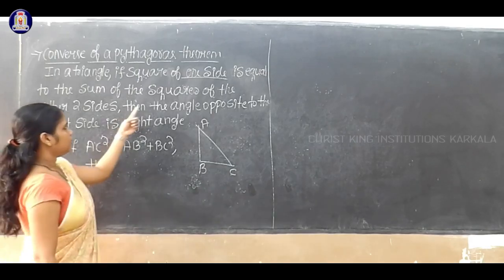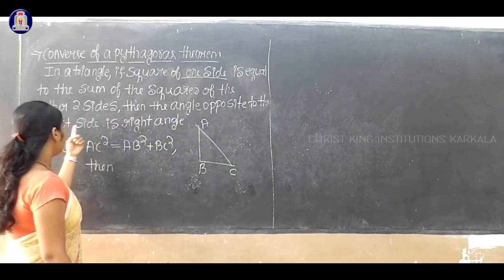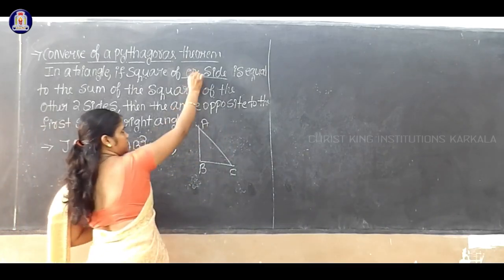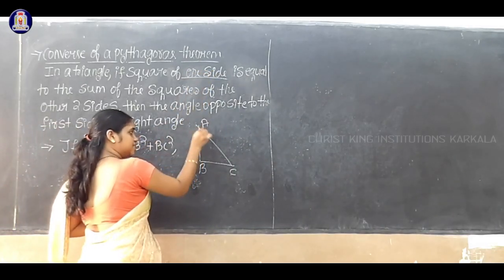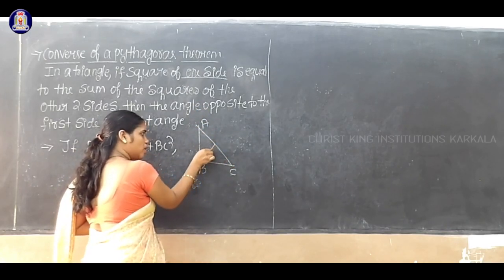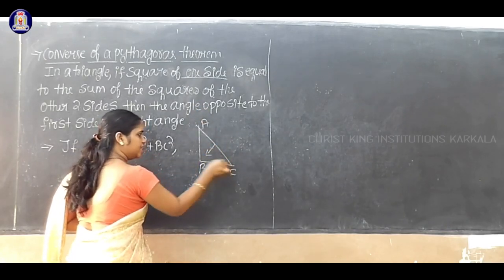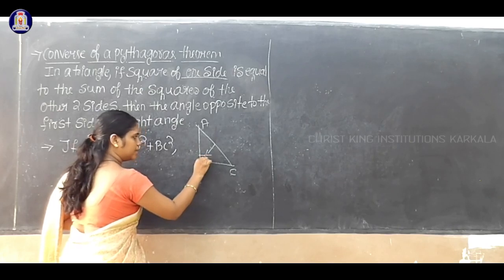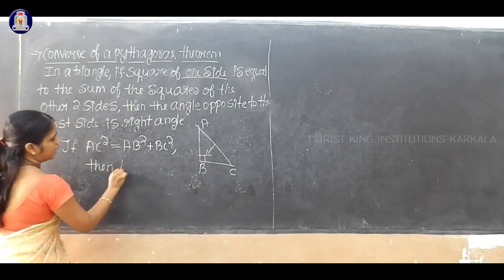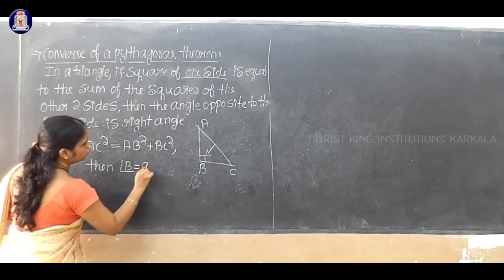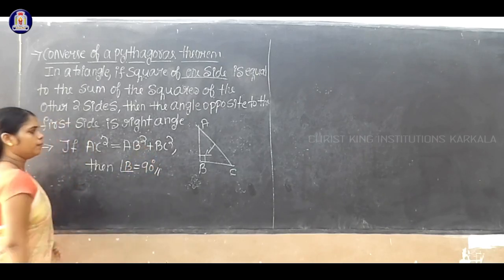Then the angle opposite to the first side, which is your first side here, the side which I have considered here, that is AC. The angle opposite to the first side is nothing but angle B, that is a right angle. That means angle B is equal to 90 degrees. Understood now? Okay.